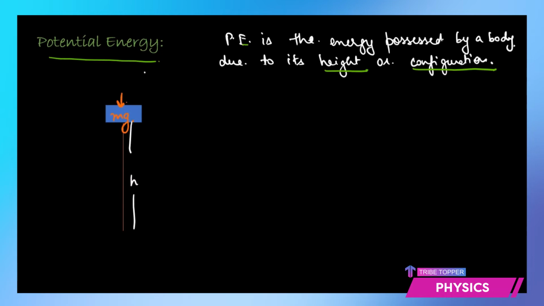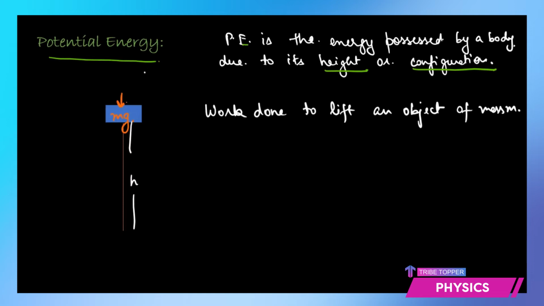Now, to lift this object, some work has to be done, right? There will be work done to lift an object of mass m, so the weight or force would be mg, to a height h.